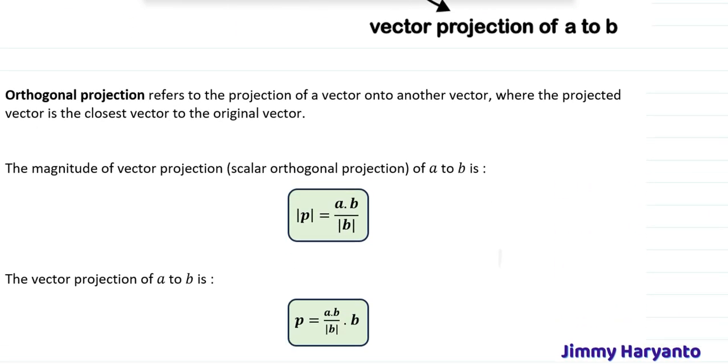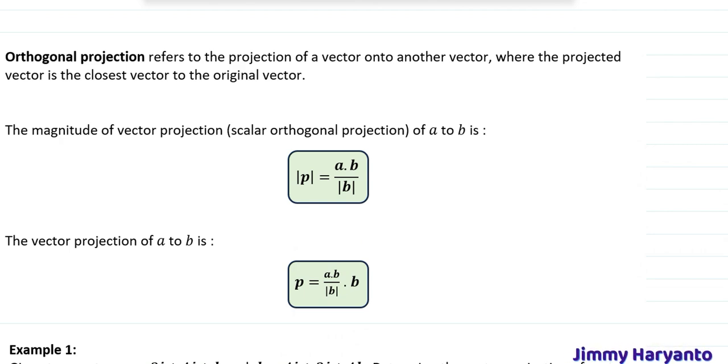The magnitude of the vector projection, or scalar orthogonal projection, is like this. So this is the formula for the length of the image, or the shadow. And then the vector projection itself will be like this. You have to pay attention to the order of the vectors: if A is projected to B, that means the denominator has to be B, and this one also, and that one also.